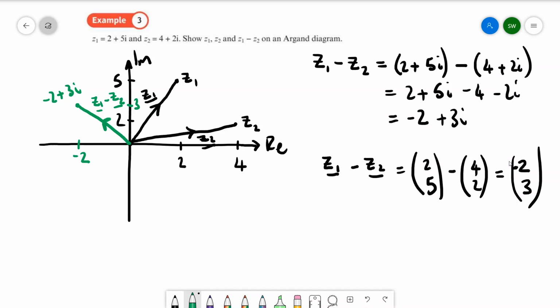And remember the interpretation of vectors. This is the vector that starts at the end of Z2 and takes us to the end of Z1, provided that the vectors are position vectors. So basically that's this vector here.